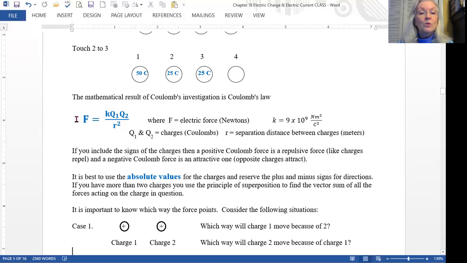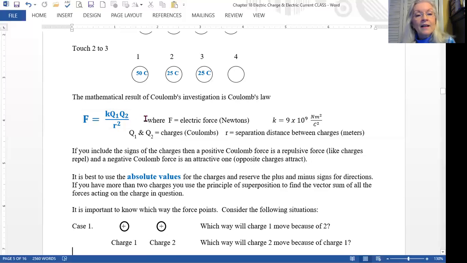Capital F is equal to little k, lowercase k, multiplied by Q1, multiplied by Q2, and then that whole numerator is divided by the square of the separation distance. And we'll do some numeric examples, so don't panic yet.